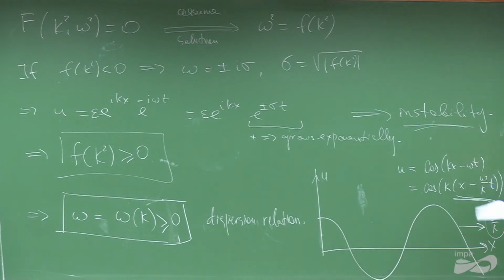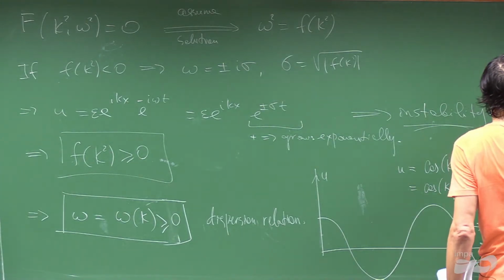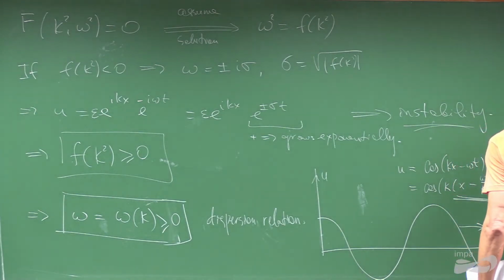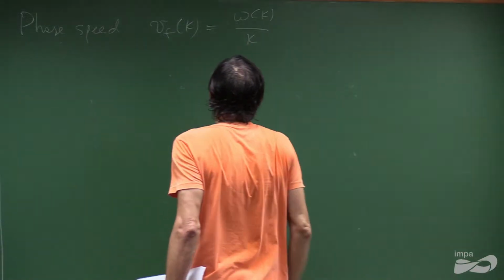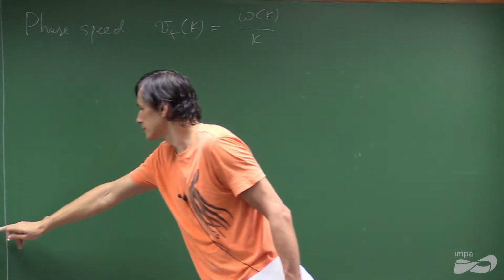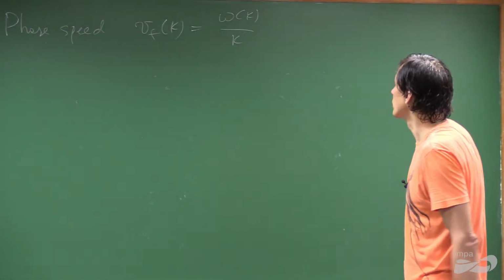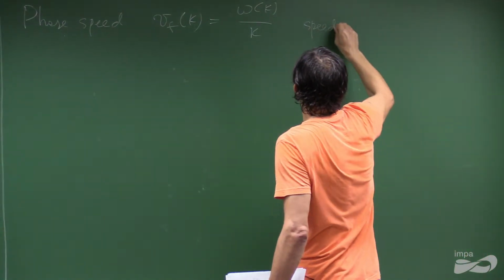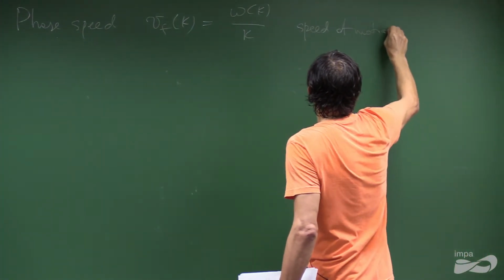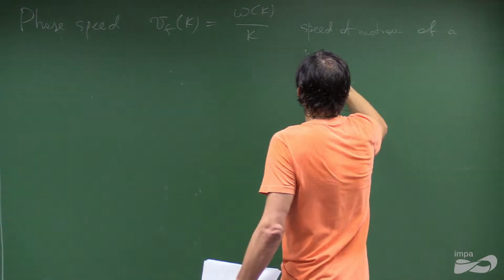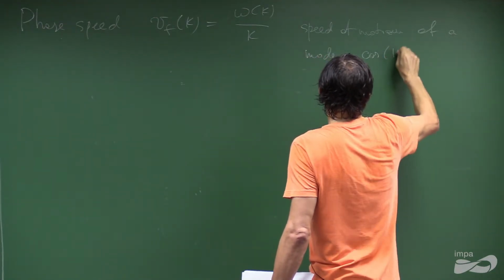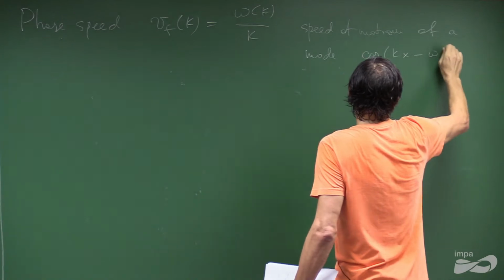And this gives you the first notion of the phase speed. So phase speed is a function of wave number, and it's frequency divided by wave number. So this is the speed of motion of a mode cosine of kx minus omega t.